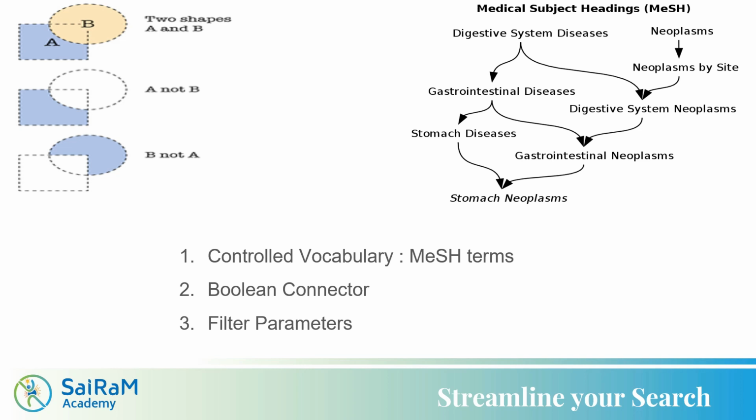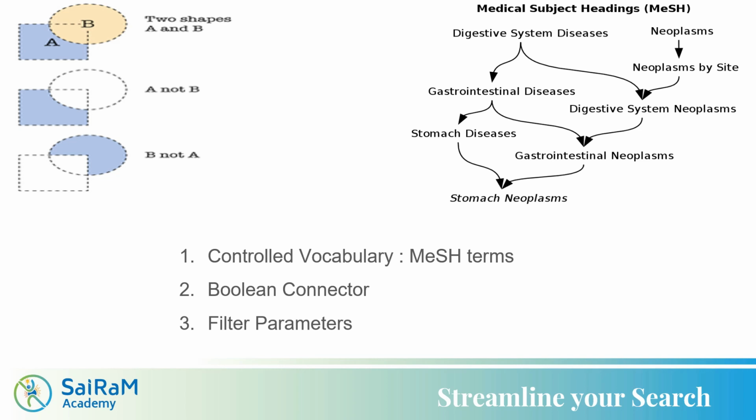So next is filter parameters. When you search for information in a database like PubMed, you have something called filters. When you use it without filters, for example, I use the same key terms neonatal and early intervention, I get around 4,000 articles.